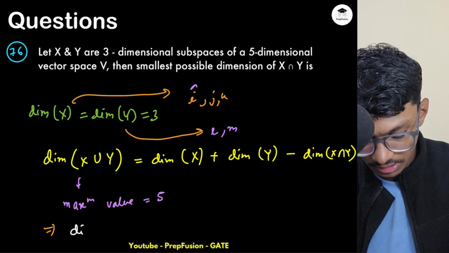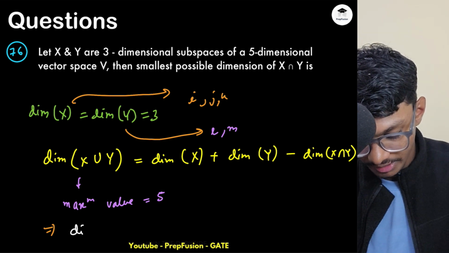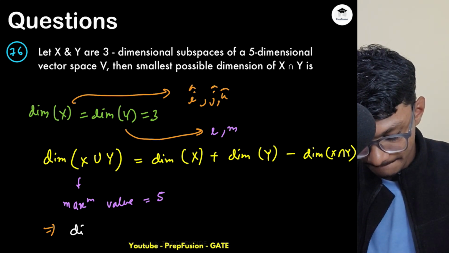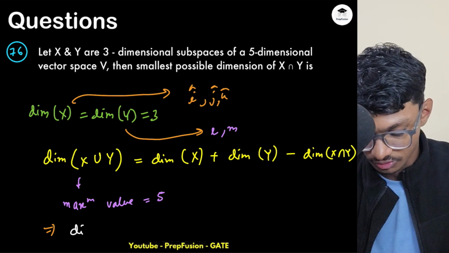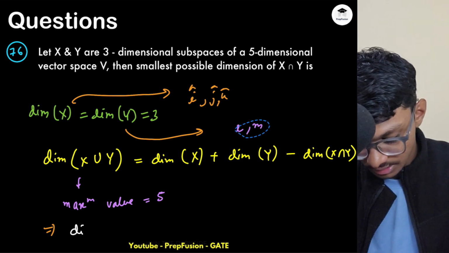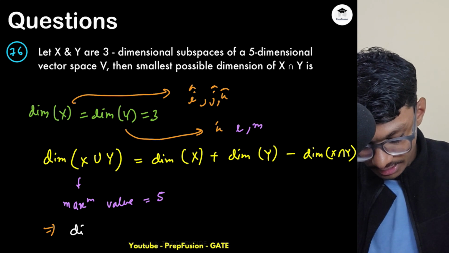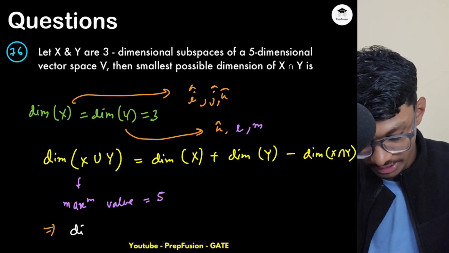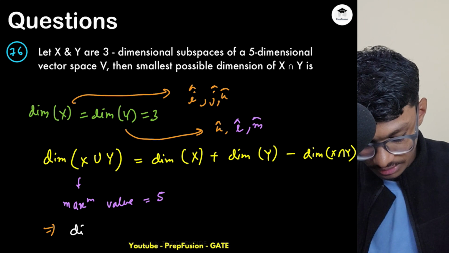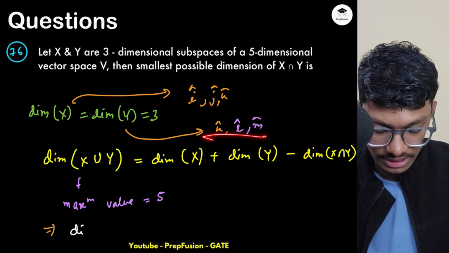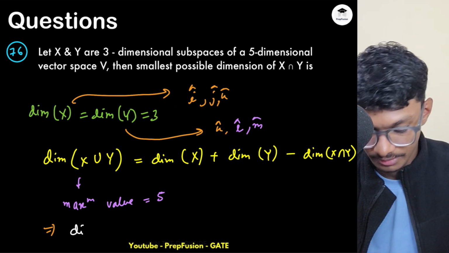So these are 5 vectors in 5 dimensions, but this has also dimension 3. So I can take k again here. This is 3 dimensions, so this also has to have 3 dimensions, right?